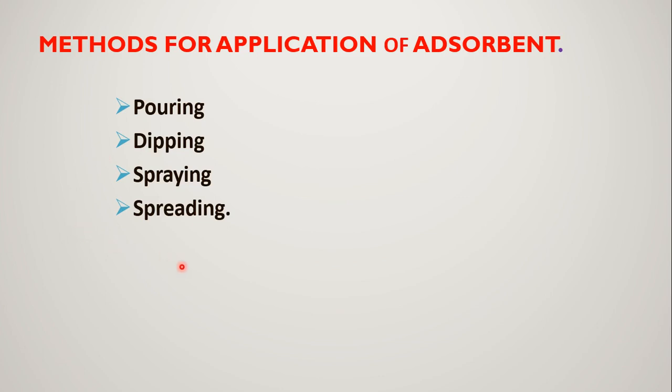The thin layer techniques which we apply in laboratories are pouring of the stationary material slurry over the substrate, or dipping the plates in the slurry of that stationary phase material, or spraying of that stationary phase over the plates, or the last one, spreading.